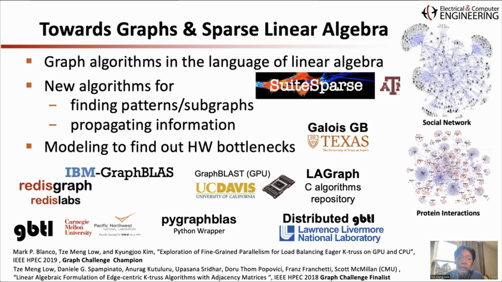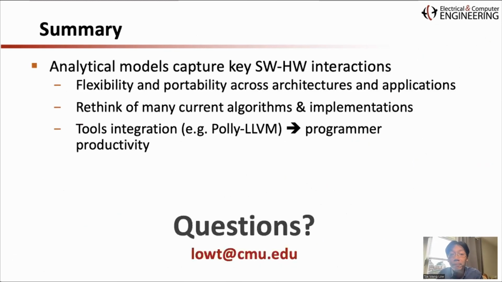One of the things we are working on right now is to use our modeling approach to find out what the different hardware bottlenecks are for different graph algorithms. Very often people say that it's a memory bound problem, but before we reach the bandwidth limit, are there any other hardware limitations in between? That's something we're actively working on right now.